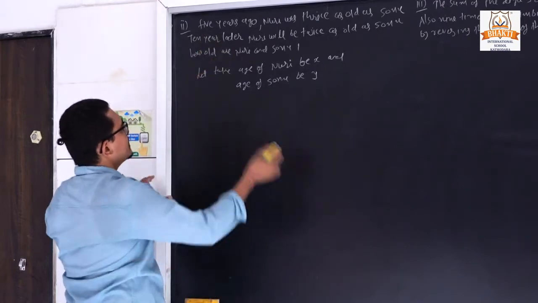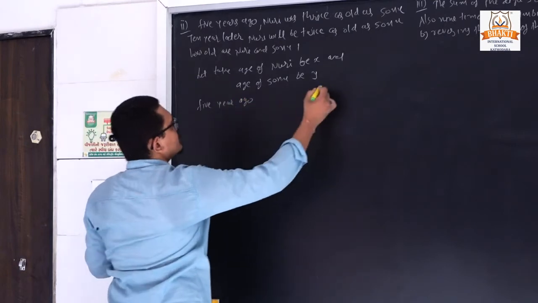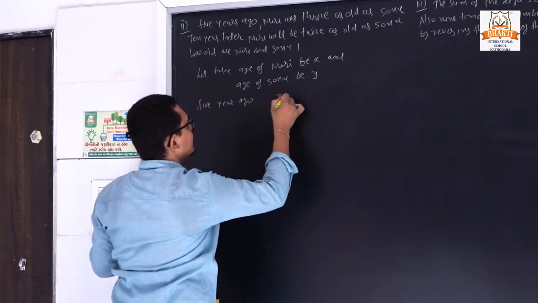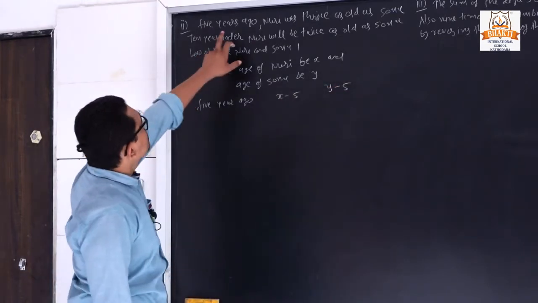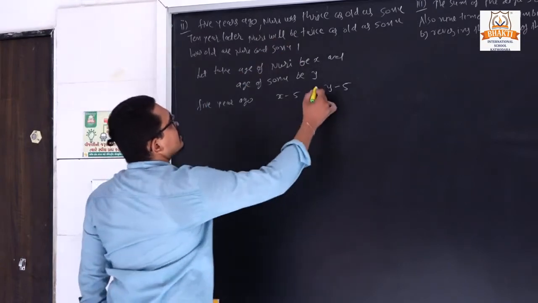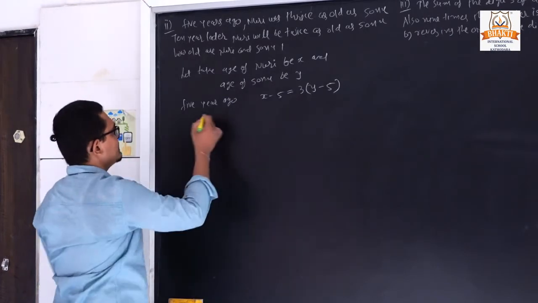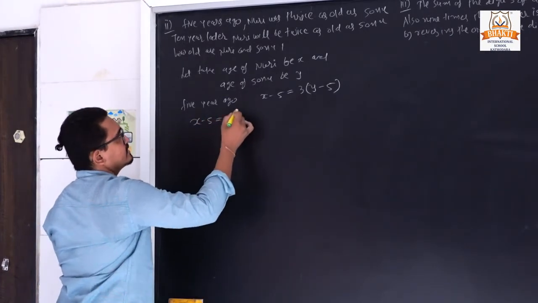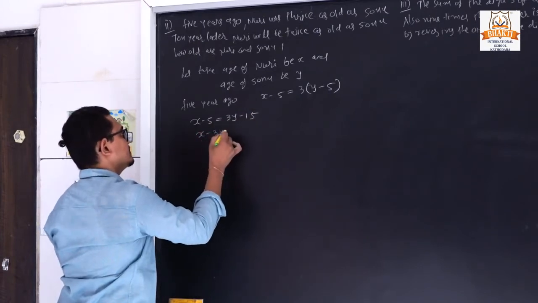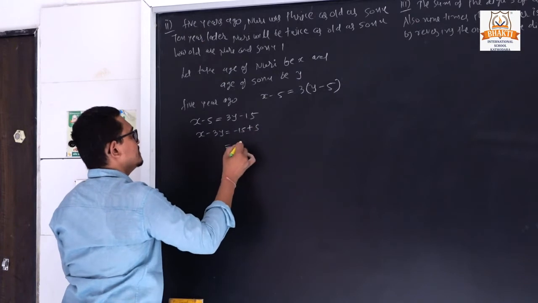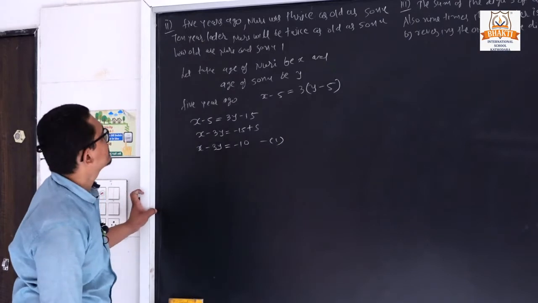Now 5 years ago means we can subtract 5 years, so Noori's age is x minus 5 and Sonu's age is y minus 5, so Noori was thrice as old as Sonu, so here we will put 3. Now simplify this, x minus 5 equals 3y minus 15, so this is going to the second side, so minus 15 plus 5, so minus 10, we can declare it is result first.